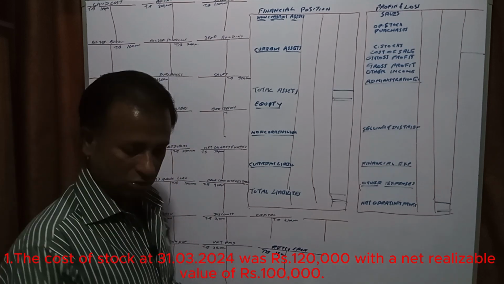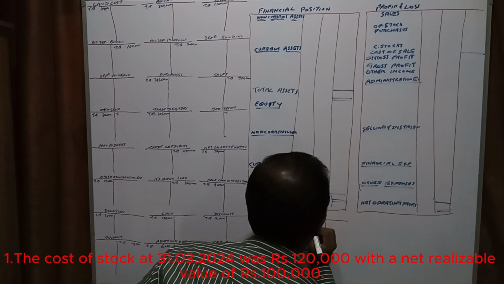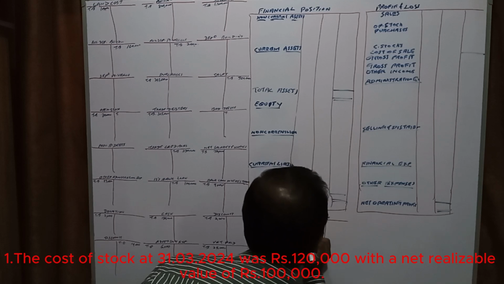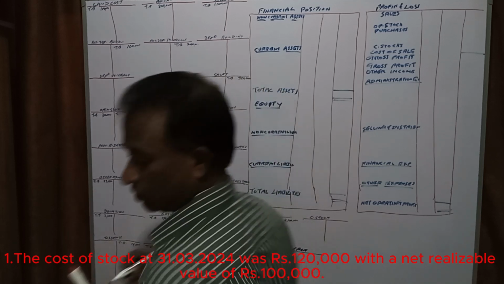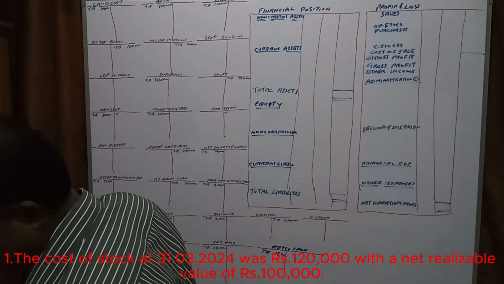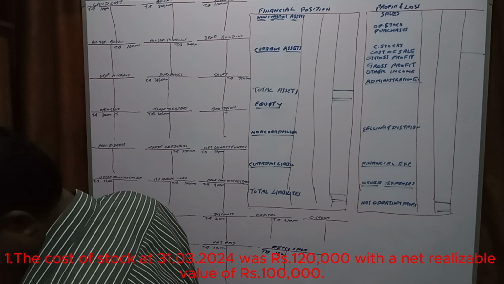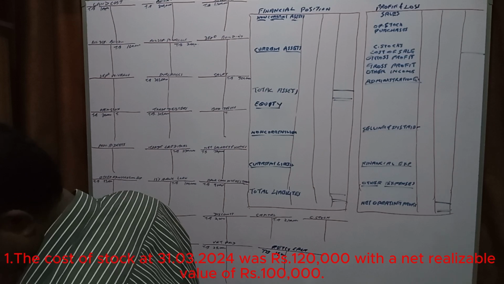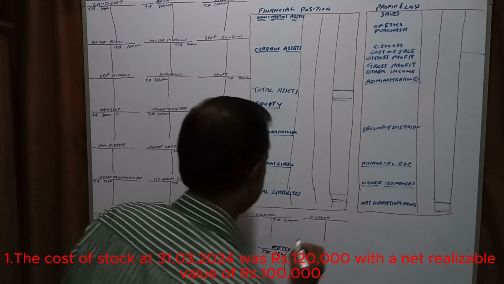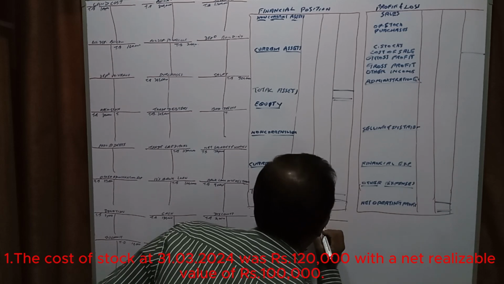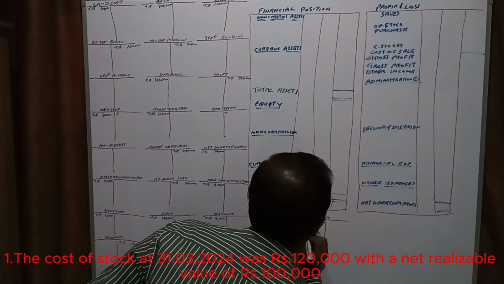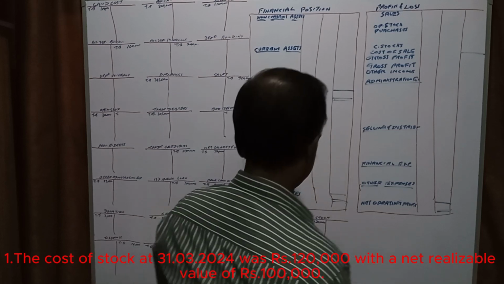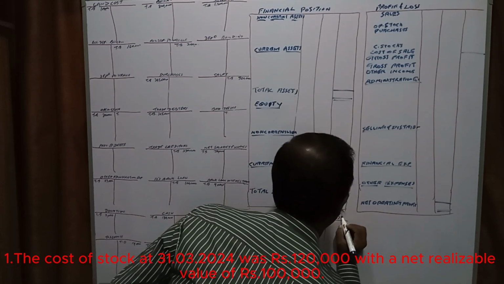The closing stock of 120,000 goes to the balance sheet.